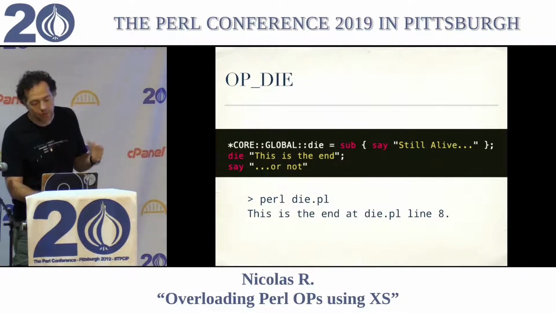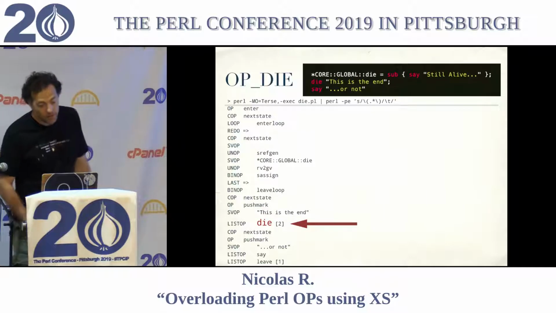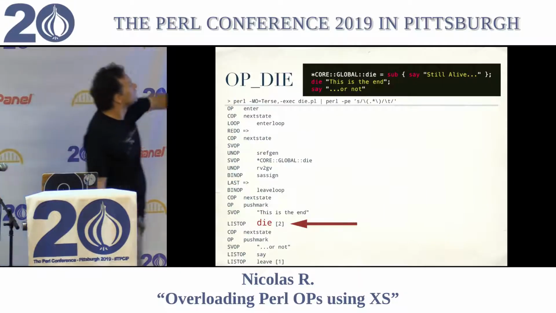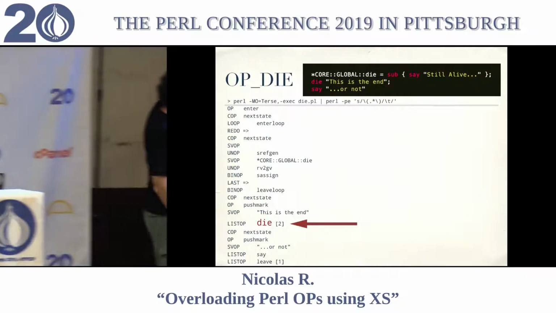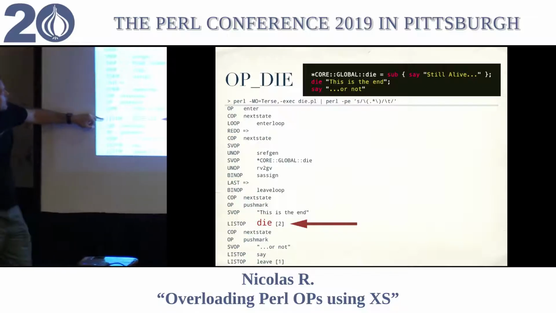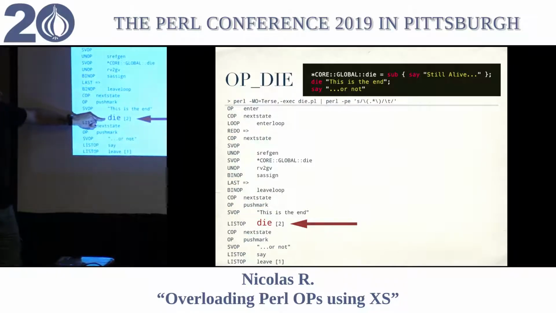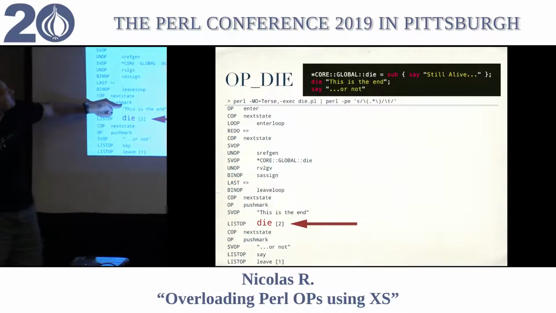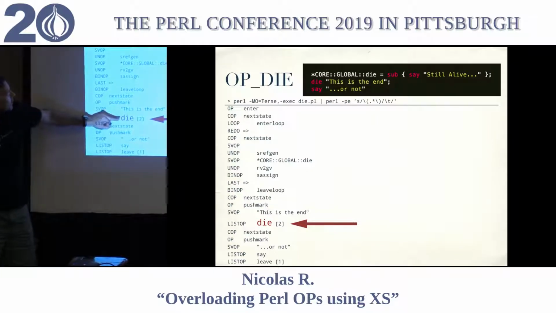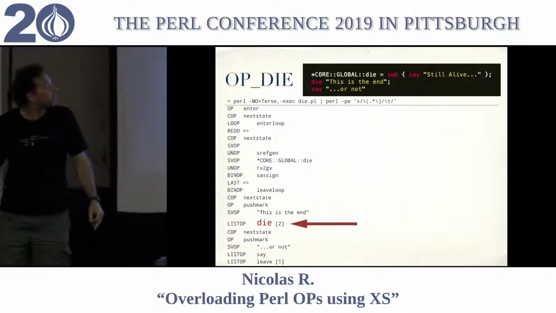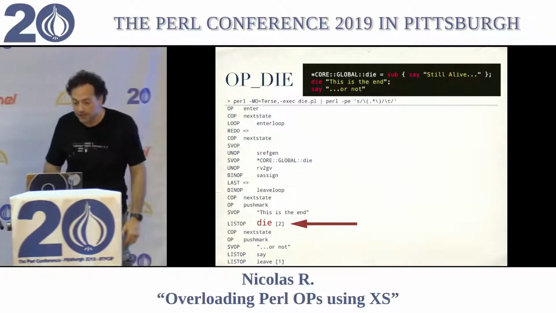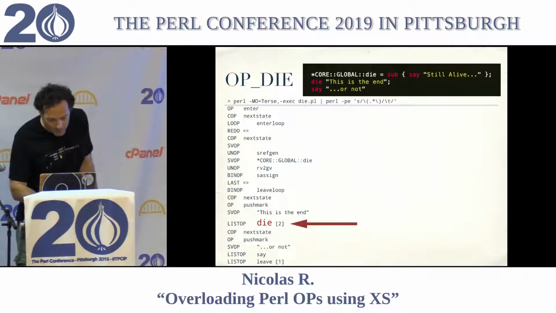The obvious reason is the op tree was already built when I defined that function. If I check the op tree, the only line that matters there is that I can see my op here, die, which is going to take the end of the stack. That op is going to be executed there. I'm going to clearly die. That's the goal of the op.